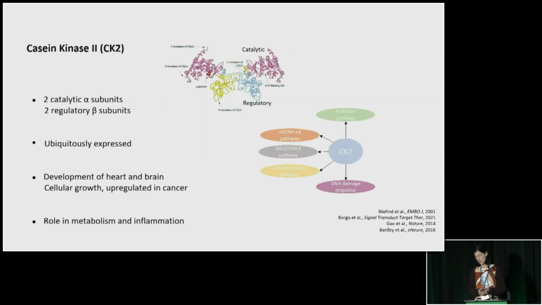Okay, so CK2, do you want a little bit of an introduction? I guess you don't need one because there were several talks before me, but it's a kinase that's ubiquitously expressed. That means it's in every cell of our body. It's also highly active and has a lot of substrates. That means it's interacting with a lot of proteins in our cells and phosphorylates them, adds a phosphate group to these proteins.